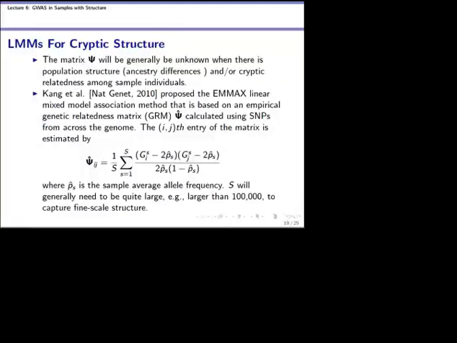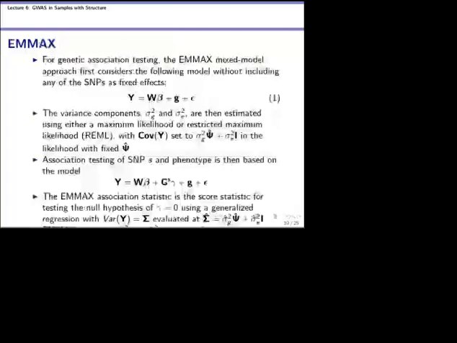Typically you're going to estimate it using a large number of markers. You probably need about 100,000 to capture fine scale structure. The idea is actually simple. For genetic association, the EMMAX mixed model approach considers this model, and then the variance components are estimated. Essentially we're trying to model the variance of the phenotype.